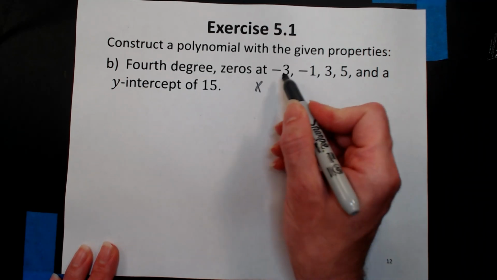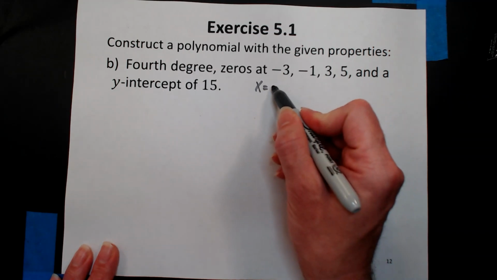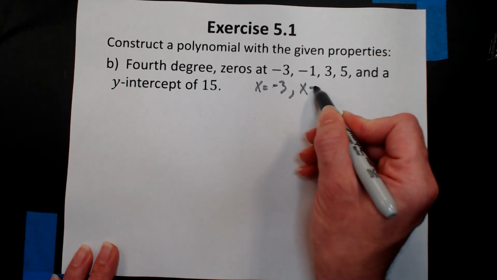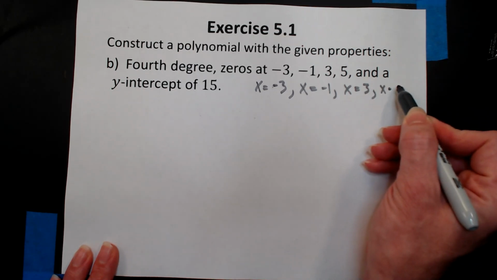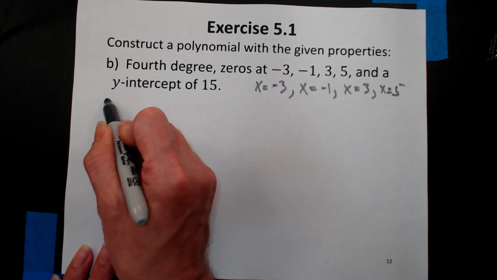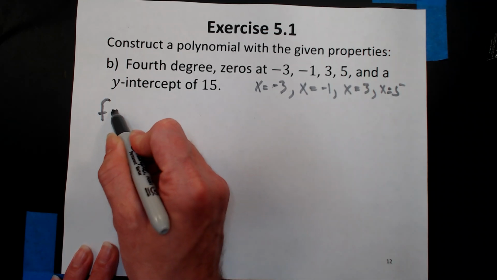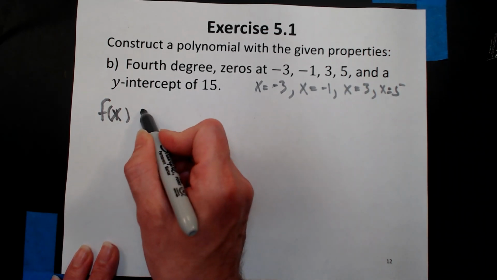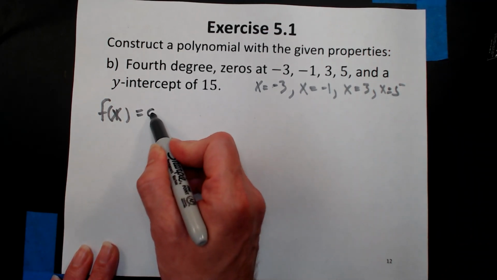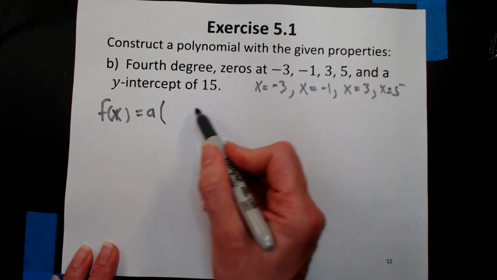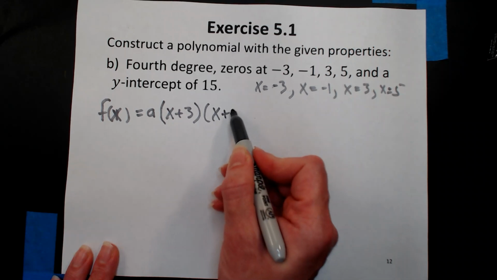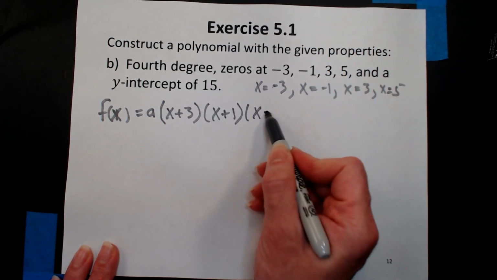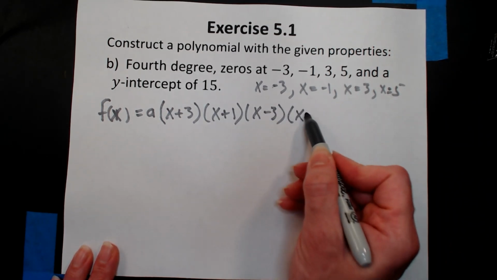This one's very similar. So we have x equals -3, x equals -1, x equals 3, and x equals 5. So our generic polynomial will be f of x equals, and then we'll have our a, our unknown leading coefficient, and then we'll have x plus 3, x plus 1, x minus 3, and x minus 5.